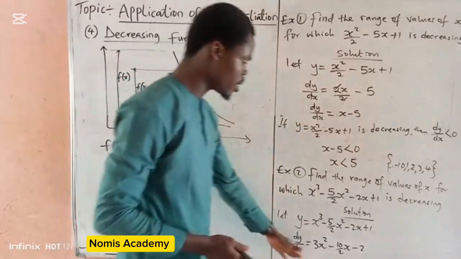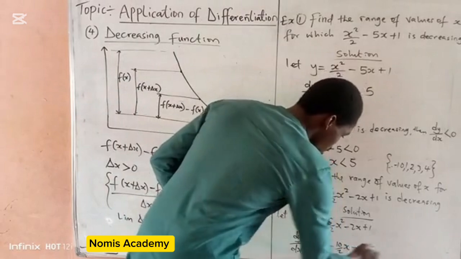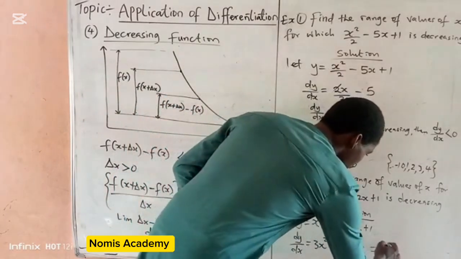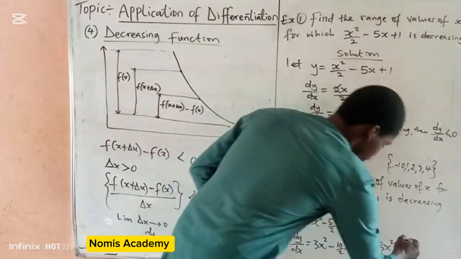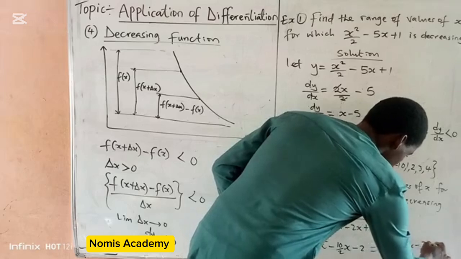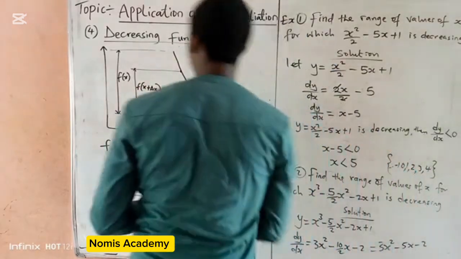So this is the derivative of the function. We can simplify it by dividing 10 by 2, which is 5. So we have 3x raised to the power of 2 minus 5x minus 2.